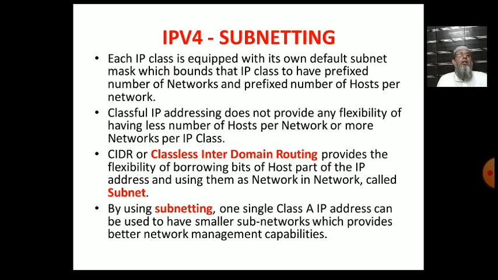We take the bits from the host bits and add them to the network bits, and this is called a subnet. So by using subnetting, one single class A IP address can be used to have smaller subnetworks.